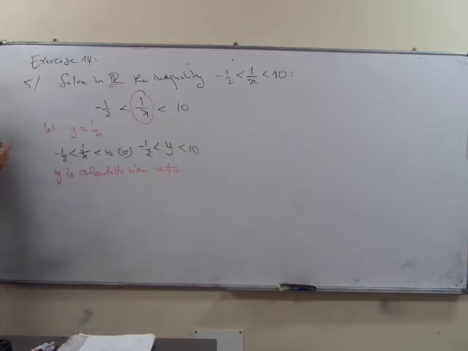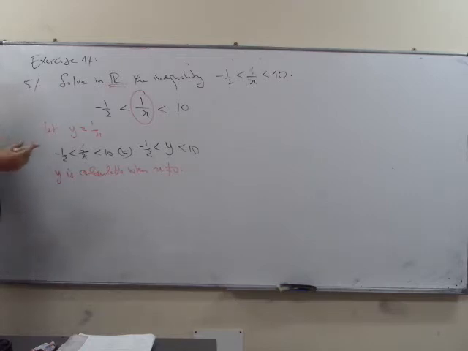What are the possible values for y? If x is different of 0, then 1 over x is also different of 0. This is the key point.